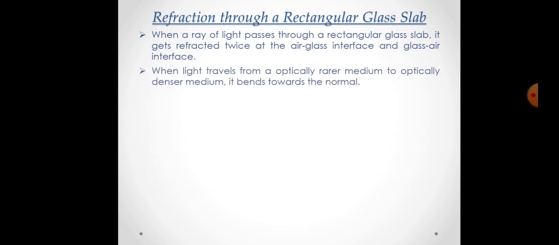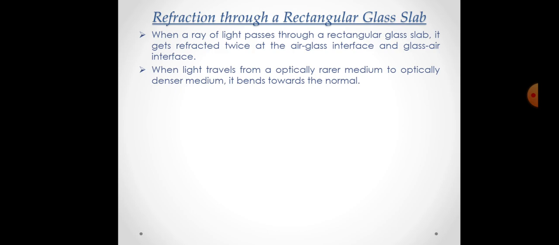When light travels from an optically rarer medium to an optically denser medium, it bends towards the normal. An optically rarer medium means the medium in which the number of particles is less. An optically denser medium means the medium in which the number of particles is more.